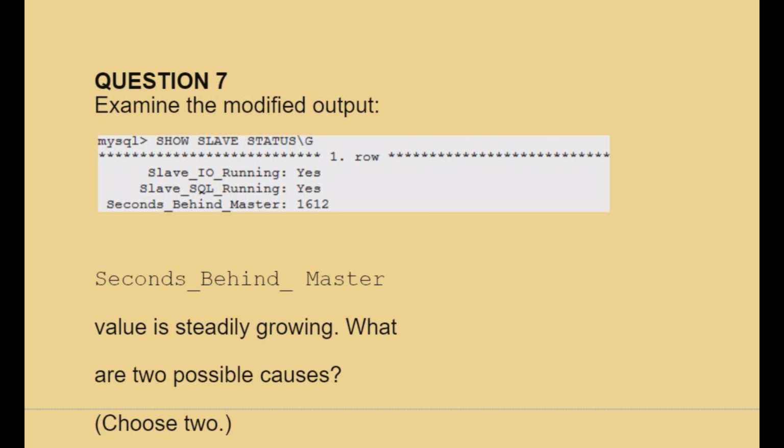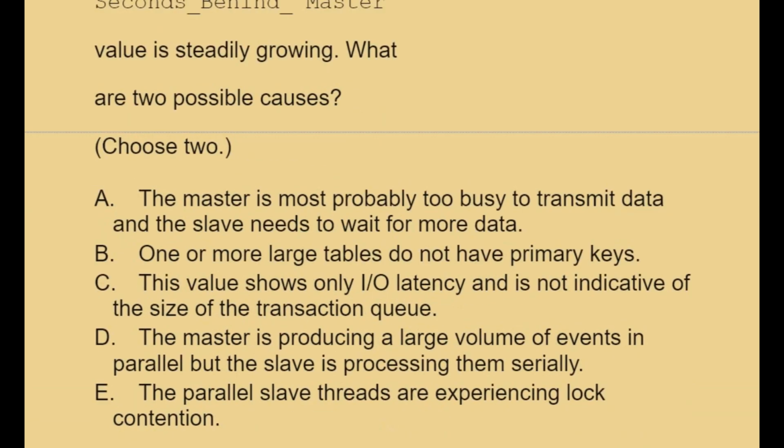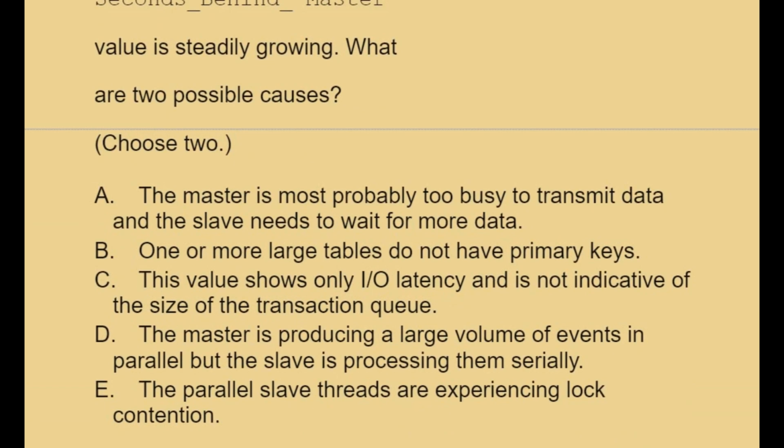Question is, examine the modified output. Seconds_behind_master value is steadily growing. What are two possible causes? Option A, the master is most probably too busy to transmit data and the slave needs to wait for more data.